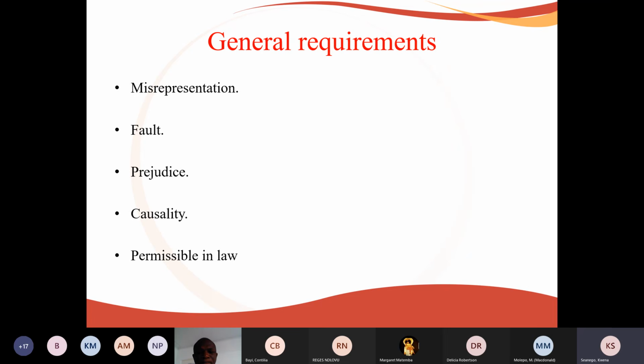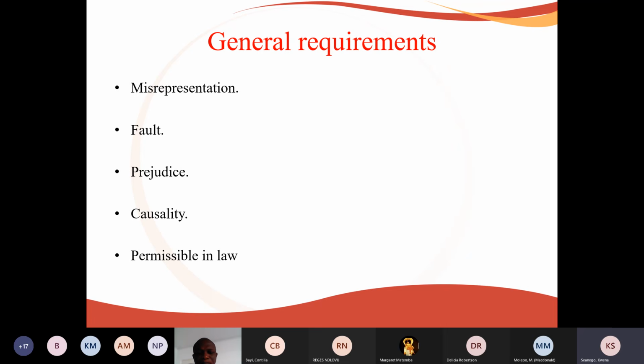Remember, this is a third-year module. At this level, we require you to be able to identify some of the requirements that might not be there in the scenario that we will be giving you.